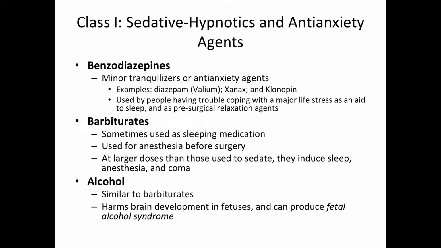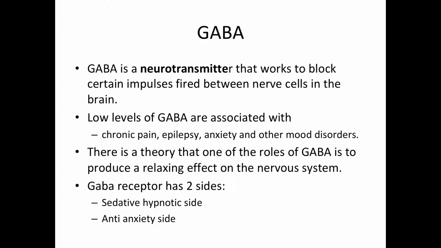Okay, so in between the slides, whenever I'm talking about the different drugs, I want to talk about some neurotransmitters. Let's start off with GABA. GABA is a neurotransmitter, and it works by blocking certain impulses fired between nerve cells in the brain.